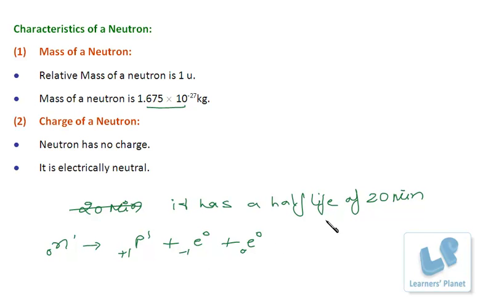So within 20 minutes, half of the neutrons will be disintegrated to this. So this is all about the subatomic particles present in the atoms. Further particles were discovered later, but these are the three fundamental particles.